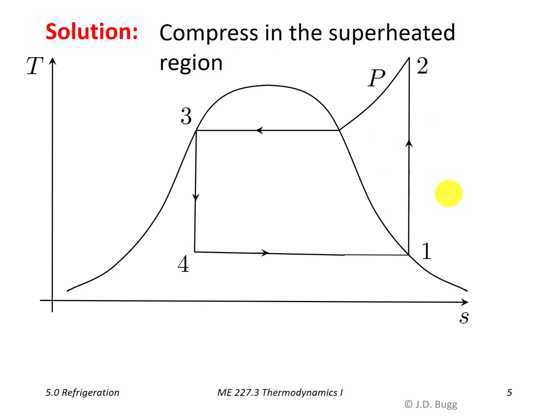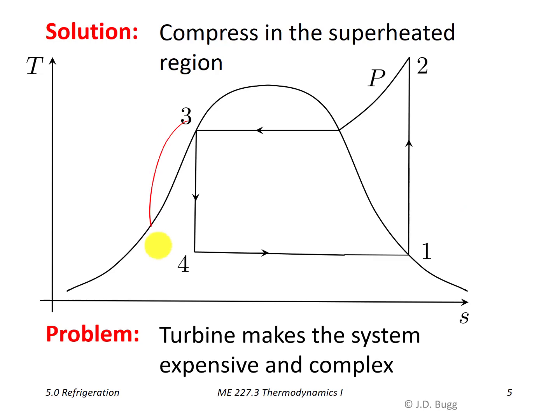Now it turns out there's still another problem with this cycle, and that is the turbine. So here we're asking a turbine to do something that we had difficulty asking a compressor to do over here. Notice we're feeding this turbine a saturated liquid, and immediately as that expansion starts to occur, there's going to be vapor forming in there until at the exit we have a liquid vapor mixture.